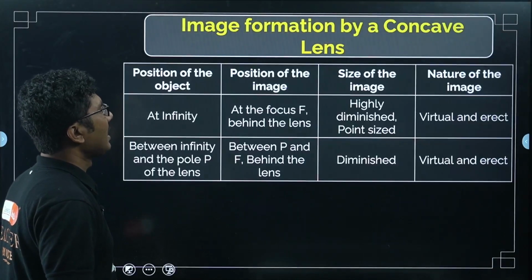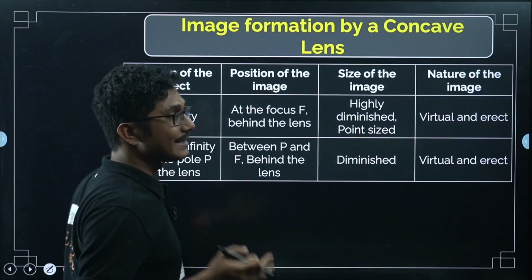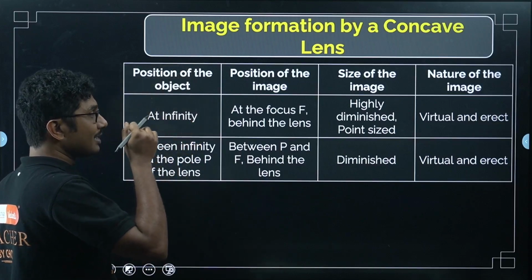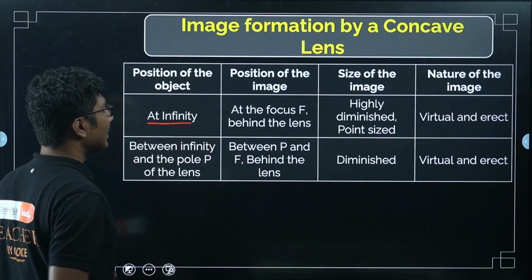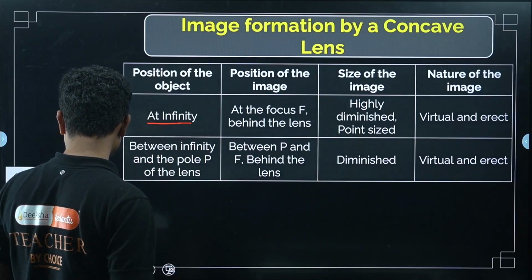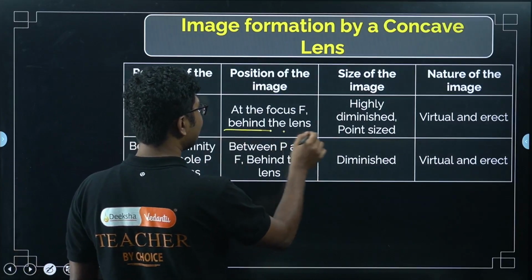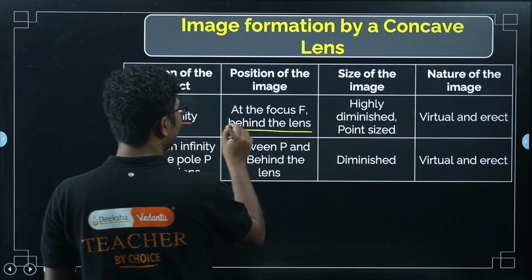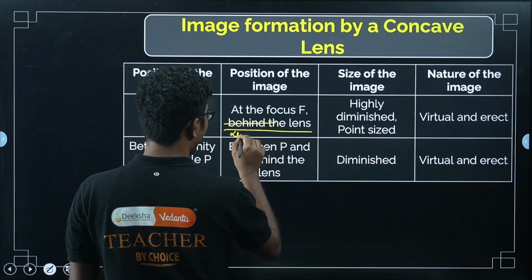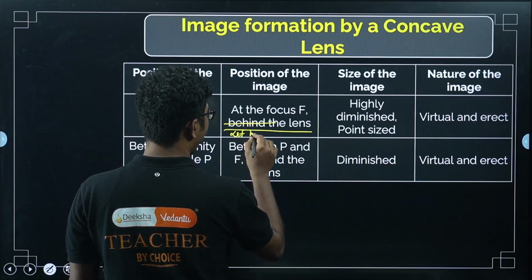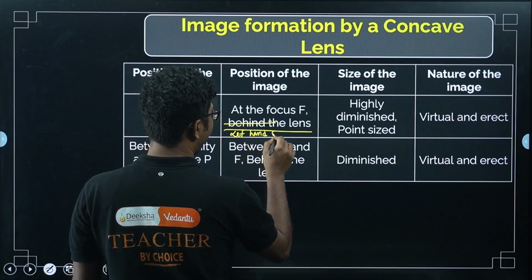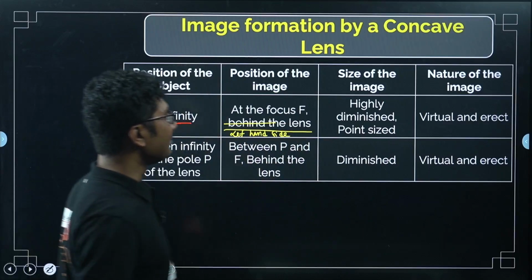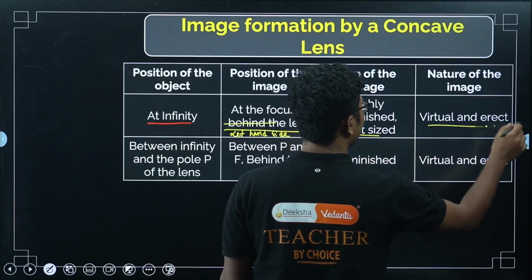Now if you look into the table, everything is same as the convex mirror. At infinity, the image is formed at focus. Okay, and on the left hand side, not behind the lens, highly diminished, point sized, virtual and erect.